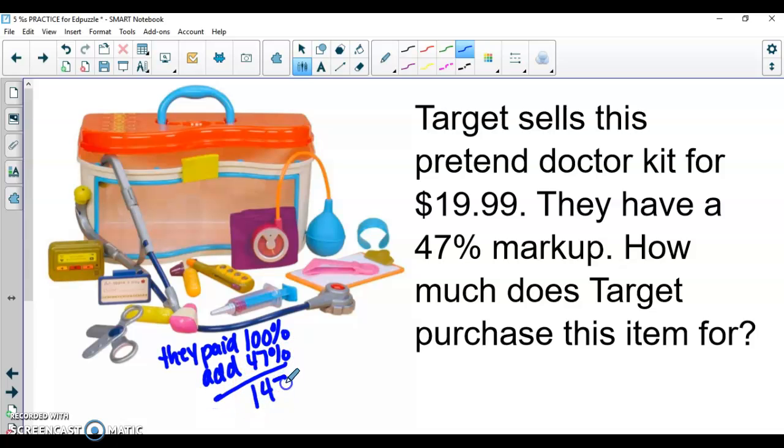So they've paid 147% of the original. And once they pay that, that is equal to your $19.99. So set up your equation and solve for the original price for Target.